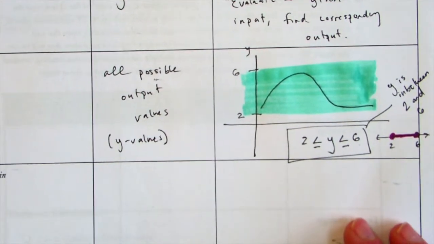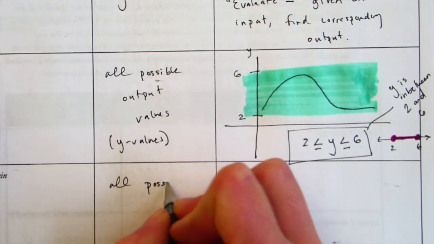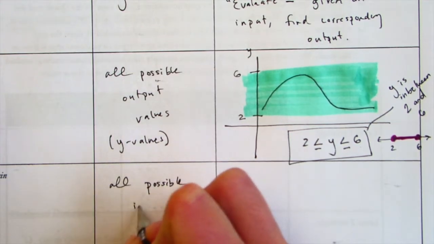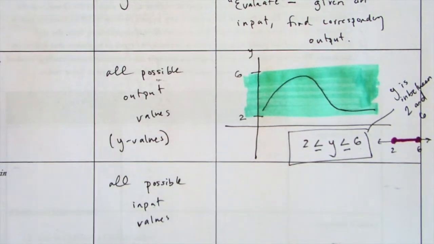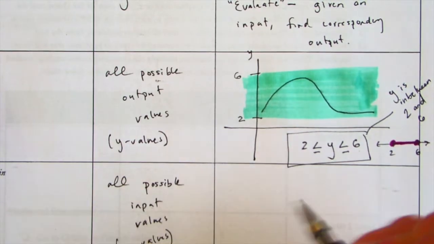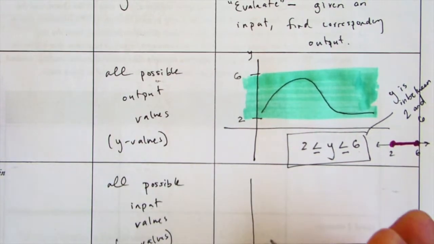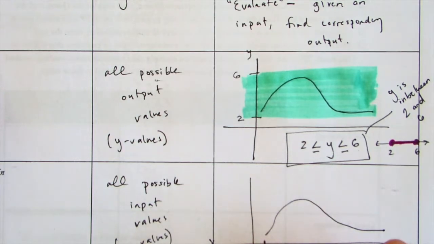Okay, the domain, in contrast, is all possible input values. Which is, as we know, X values. So if we use the same type of graph, this time we care about the values along the x-axis because we're looking at domain or input values. So we could say the domain maybe is between 1 and 10.